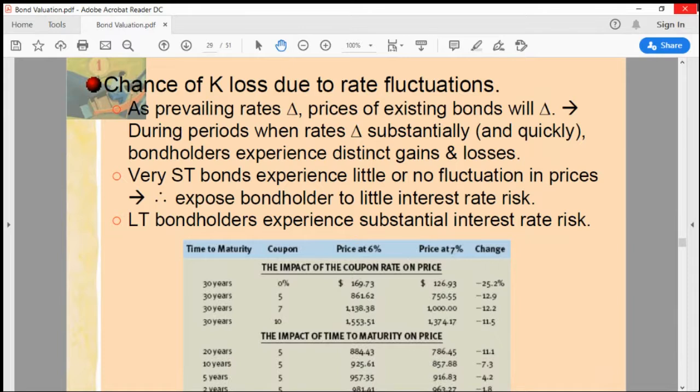But now we can associate it with the time value. Maturity risk is also called interest rate risk. Why? Think about it. The longer the time horizon, there are more chances of unexpected change in interest rate, right?